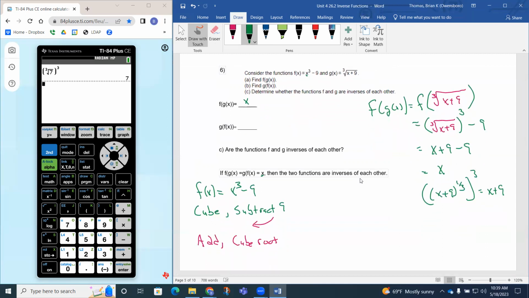So if I want to verify g of f of x is equal to x, I'm going to have this g function, but first I have to recognize what the f of x function is, and that's going to be the x cubed minus 9.